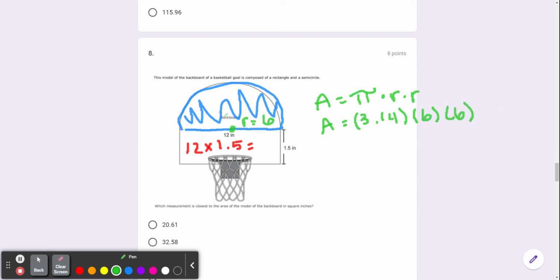And then because this is only half of a circle, whatever you get for your answer, you need to divide it by 2. And that's going to give you this piece. Once you have your 2 pieces, you can add them together to find the total, because you want to know how much area is in this entire piece.